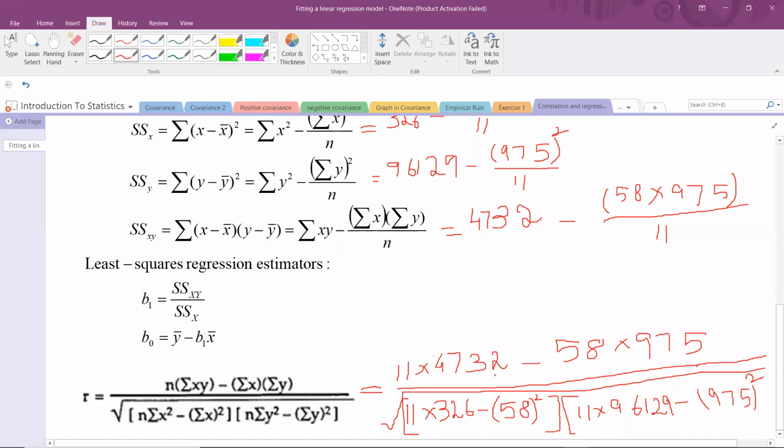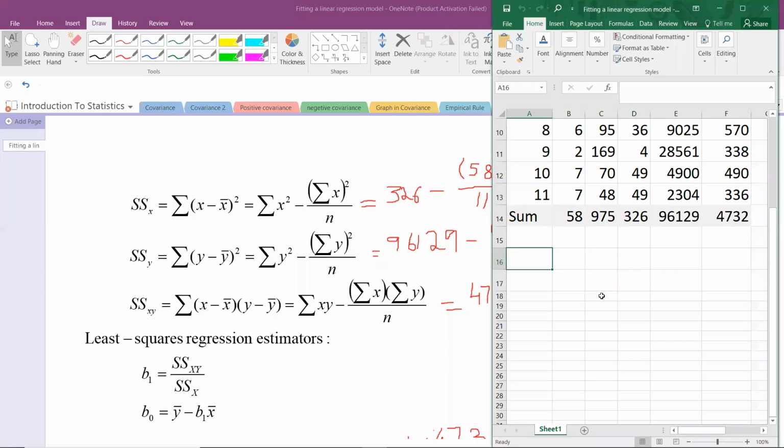Now all values are substituted in the formula of correlation. Now going to complete these calculations in Microsoft Excel. It is SSX, and here we are going to compute SSY and then SSXY. These elements are to be computed.